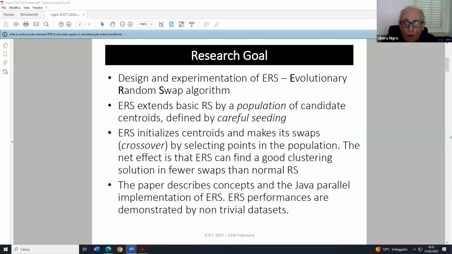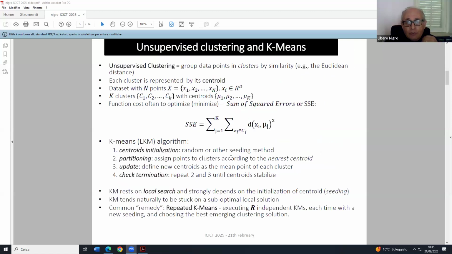Now, I will try to give you also evidence about its behavior when applied to several kinds of data sets. And I would remind you that we are often faced with K-means, which is a well-known algorithm used essentially because it is simple to understand and also efficient.